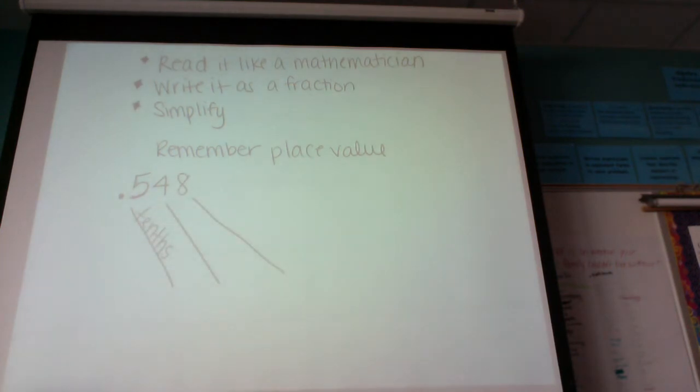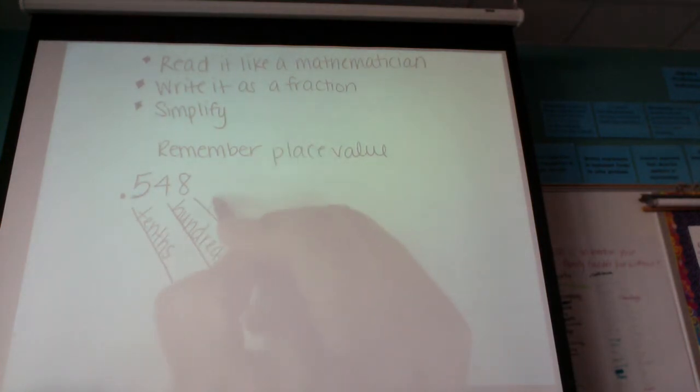The 4 is what? The hundredths. And it goes tenths, hundredths, thousandths. What would come next? Ten thousandths, hundred thousandths. So we notice the pattern there.